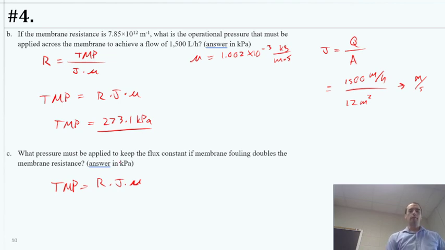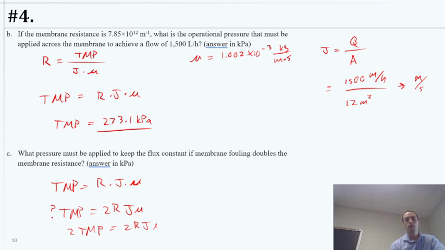J is going to remain constant, so if we look at what happens, let's say question mark number of TMPs, the pressure that we had before equals 2R times J times mu, then that question mark is 2, right? So 2 times the pressure equals 2 times the R times J times mu.